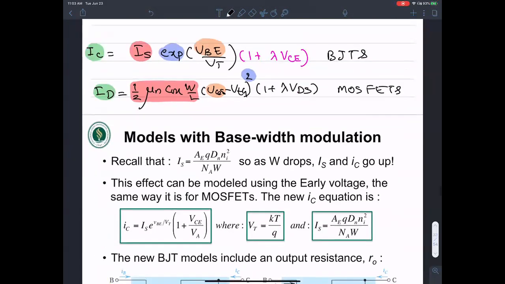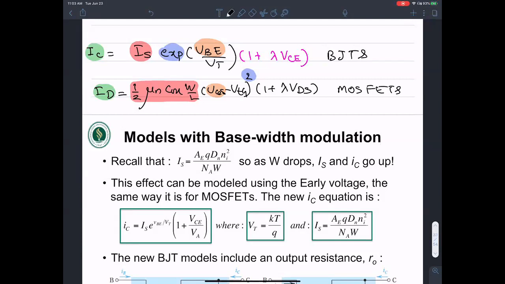While the current in one is an exponential function of the input voltage, in the other device, the MOSFET, the current has a square law, quadratic dependence on VGS. So one has a base width modulation and the other has a channel length modulation.